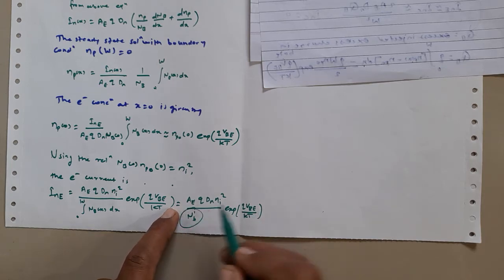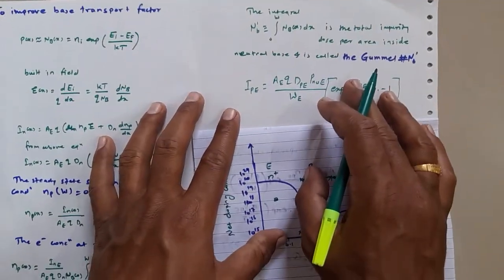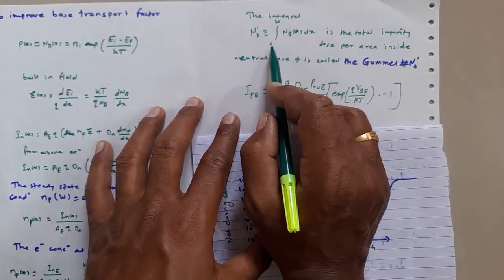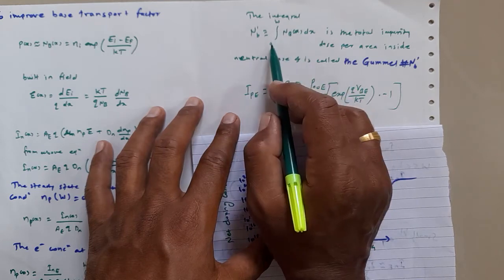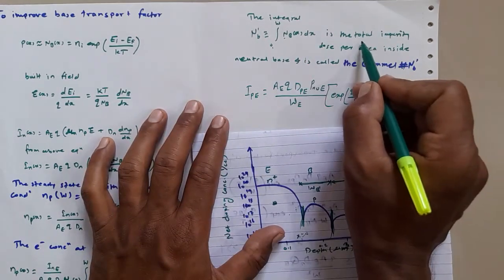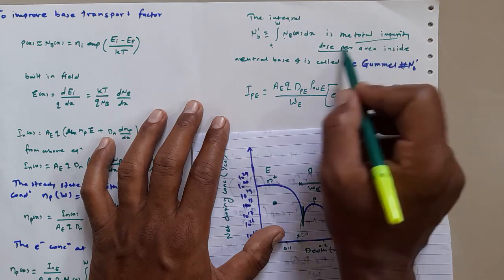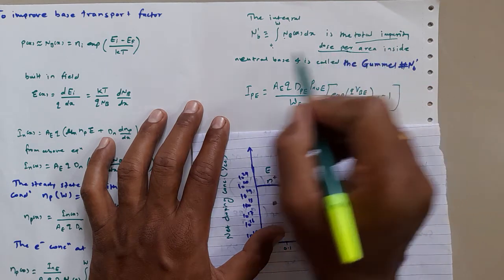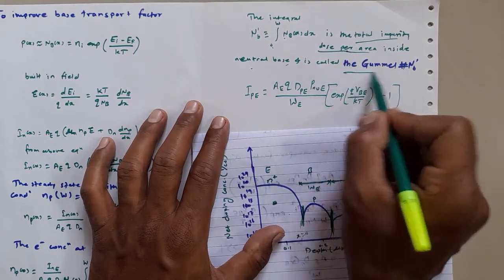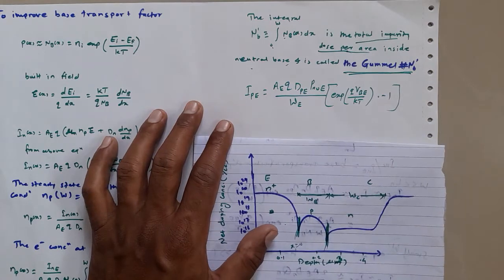So what is N_B dash? It is defined to be the integration from 0 to W of N_B(x) dx, and it is called the total impurity dose per area inside the neutral base, known as the Gummel number.